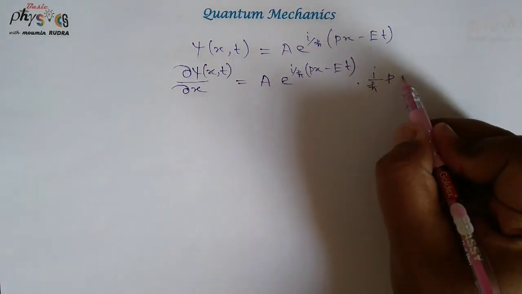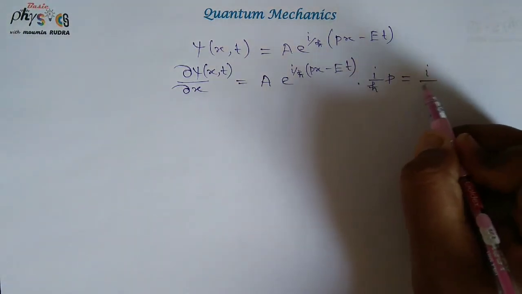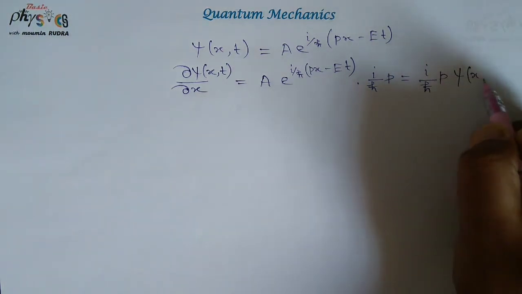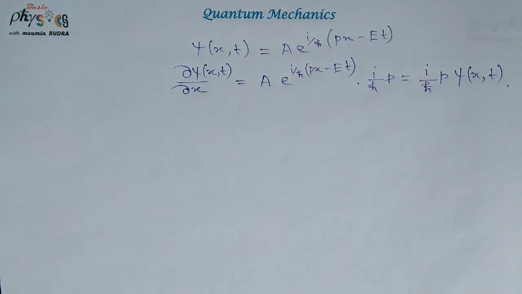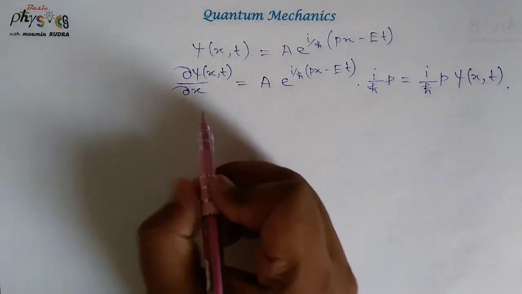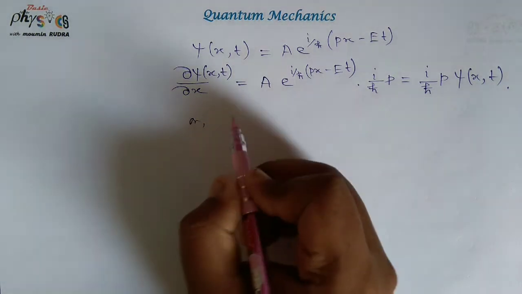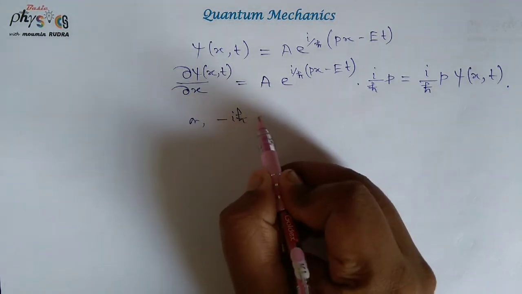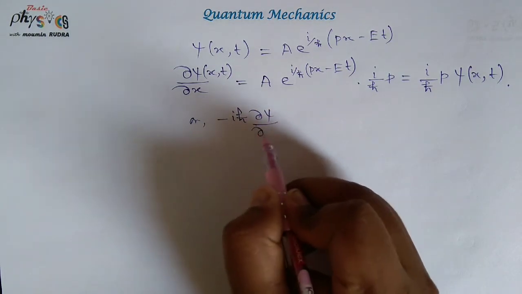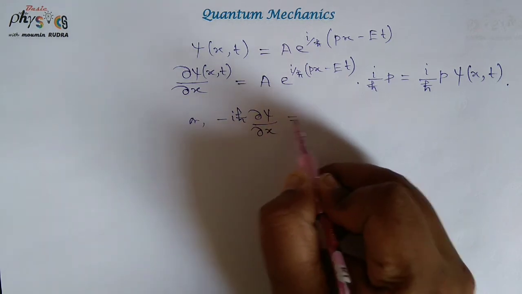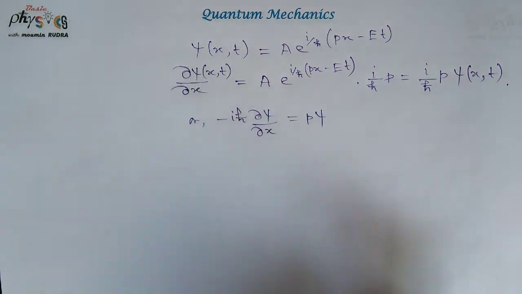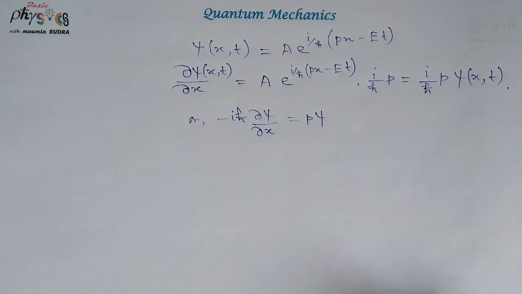So del psi del x equals i by h bar p times psi of x comma t, or minus i h bar del psi del x equals p psi. Always psi is a function of x comma t.